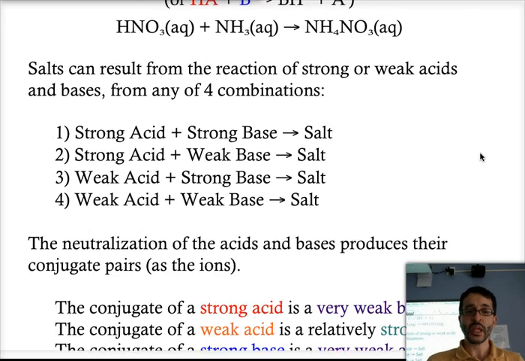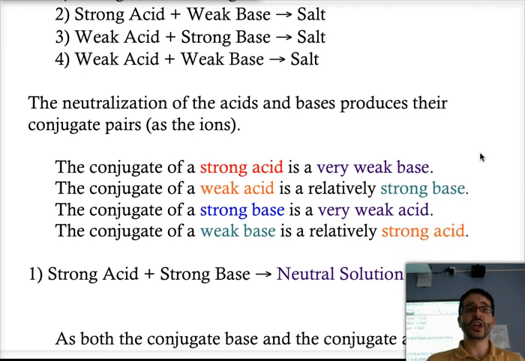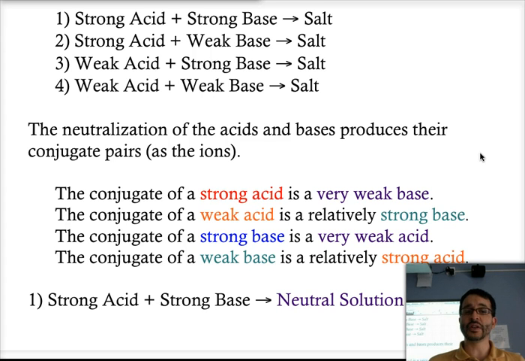So in the process of neutralization, we're going to look at the conjugate acids and conjugate bases that they make. To remind you, the conjugate of a strong acid is a very, very weak base. It's so weak that it cannot hydrolyze water. The conjugate of a weak acid is relatively a strong base.